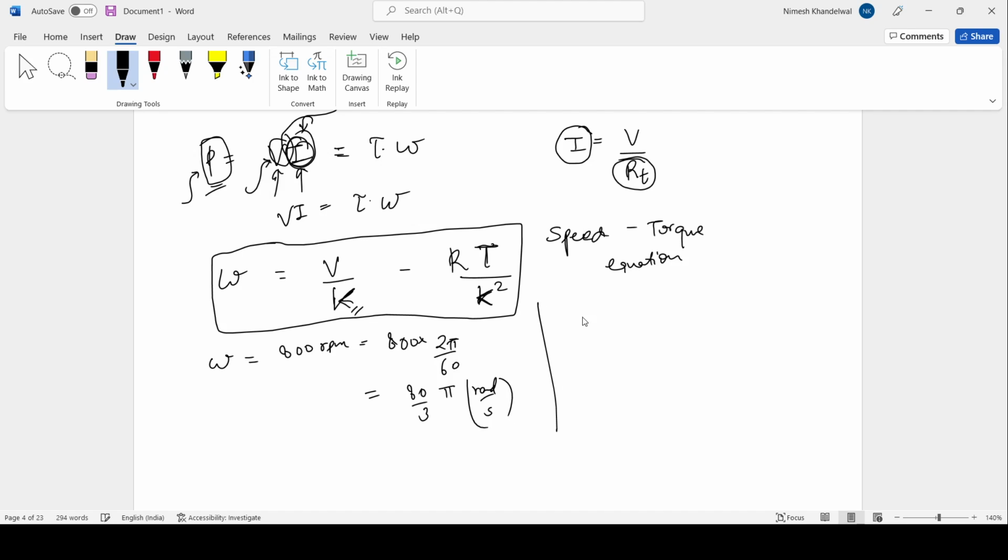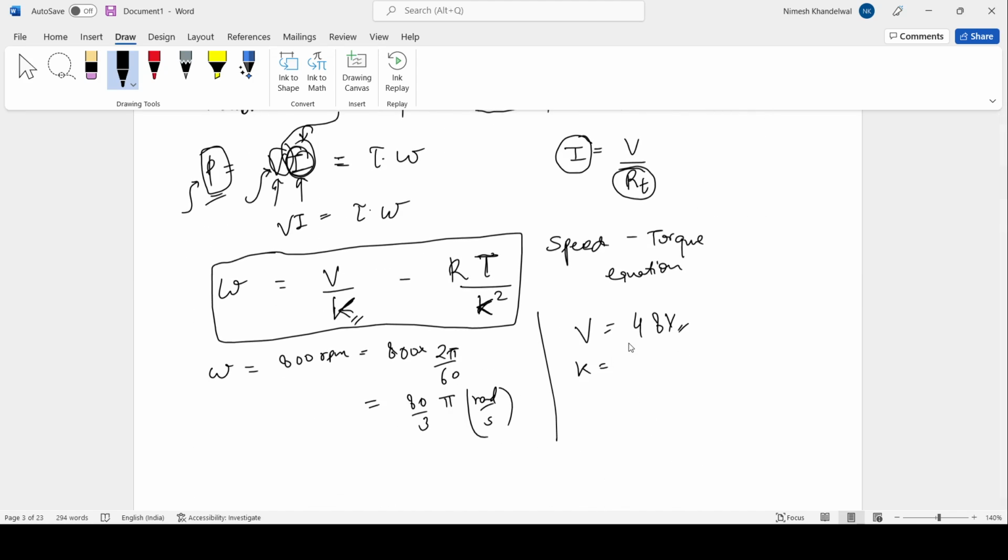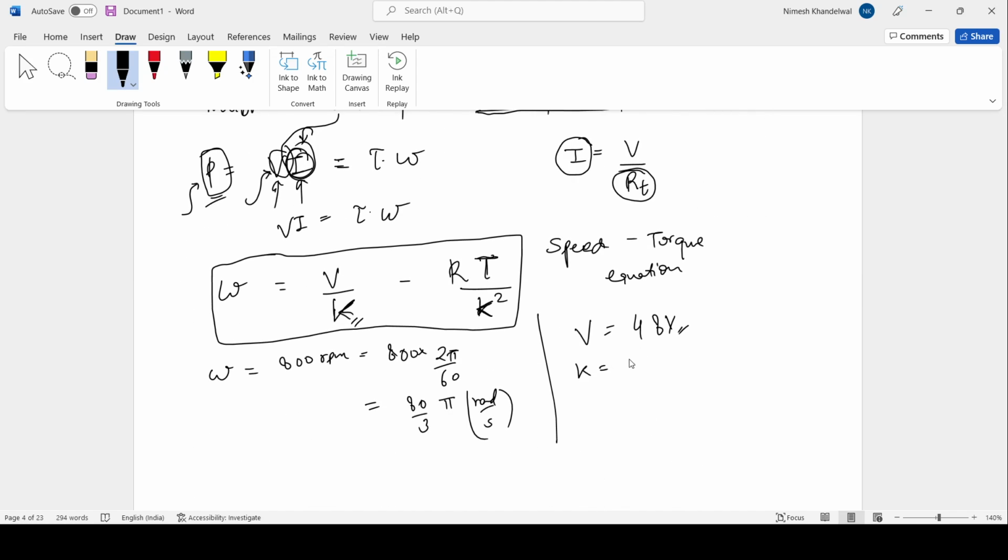This is my omega, and my V, the supply voltage, is given as 48 volts. There is no problem in this. And my constant, the speed EMF constant, is 0.25 volt per radian per second.